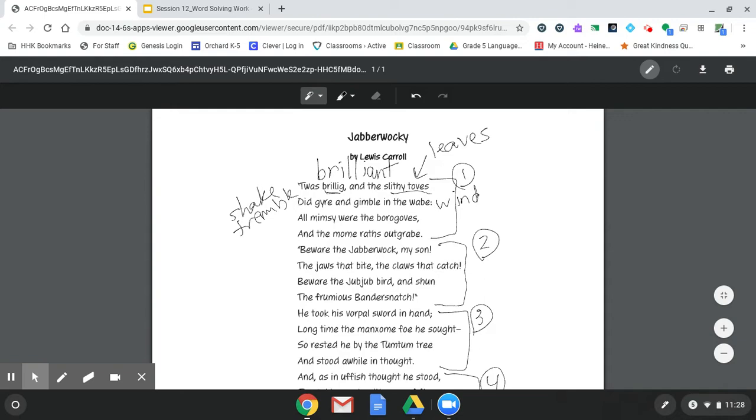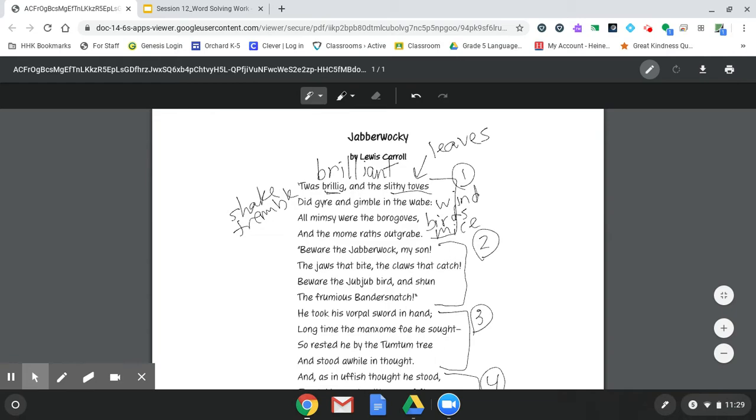I'm not exactly sure what that means, but maybe they're trying to describe some animals that are nearby. Borogoves could be some type of birds, and maybe the mome raths outgrabe, maybe those are like some mice. I don't know. Let's add that in to see if it makes sense.